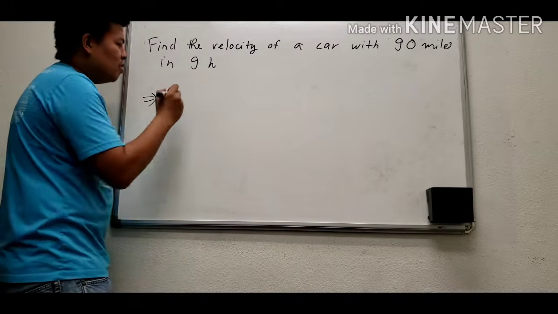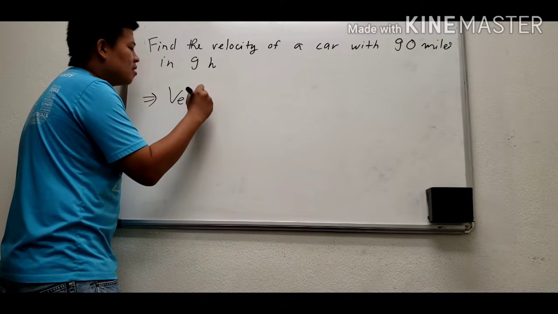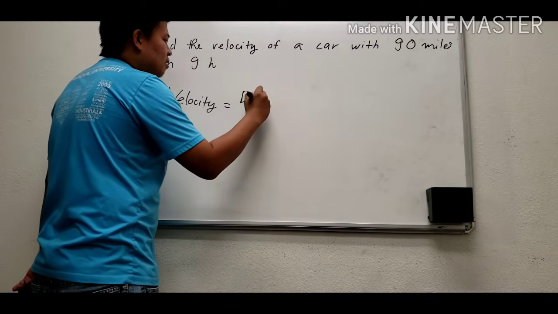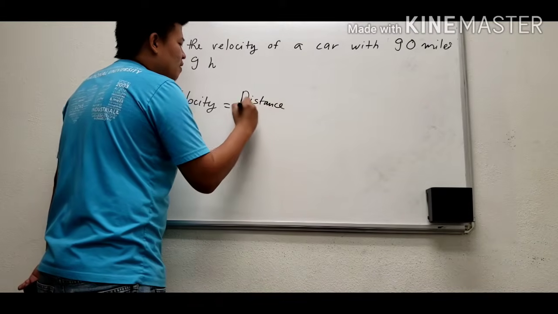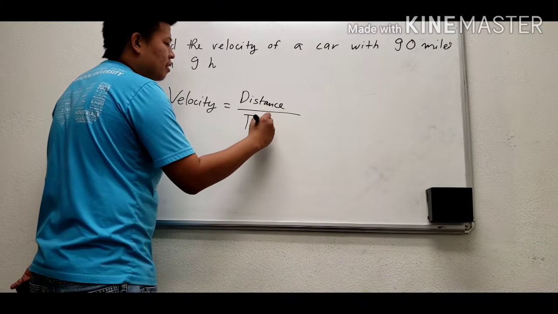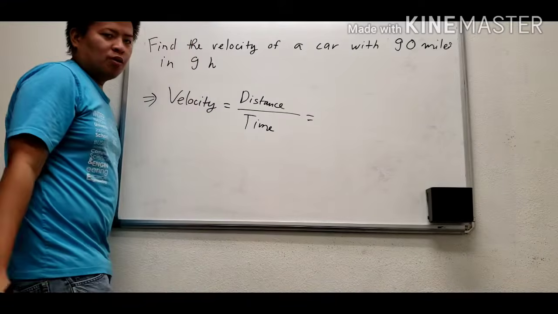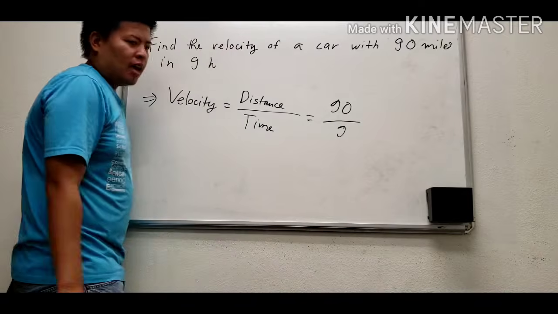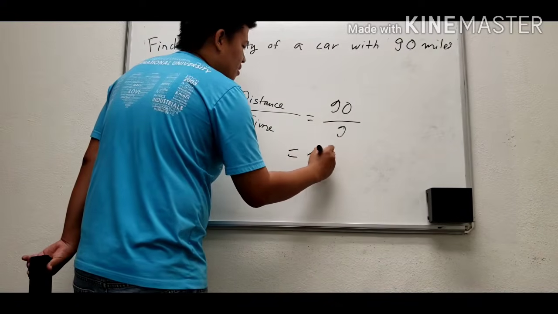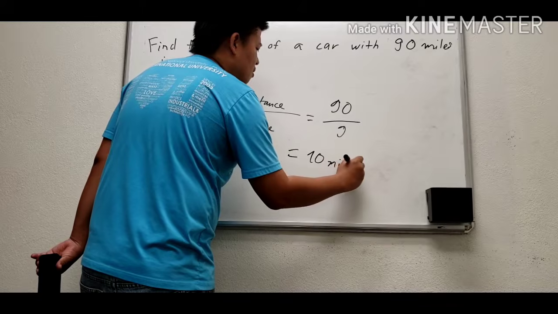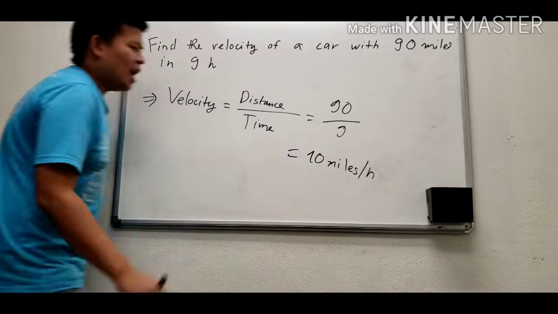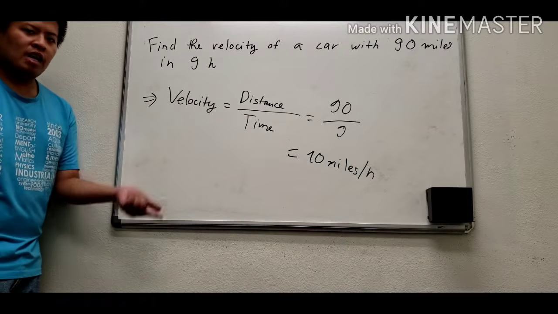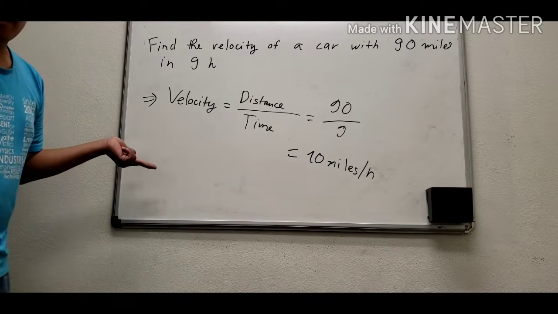To calculate velocity, we put the distance divided by the time. That's equal to 90 divided by 9, and we have 10 miles per hour. So that's the way we calculate velocity, time, and distance on the ASVAB.